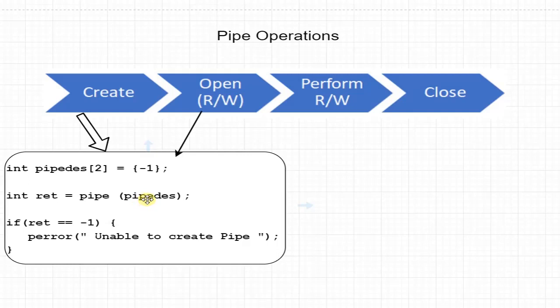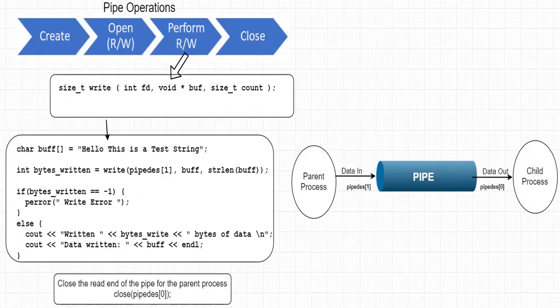If the pipe creation is successful, we capture the return value into the return variable, and if it is unsuccessful, we print the error using the perror system call, which also takes the errno into consideration and prints the status of the error.